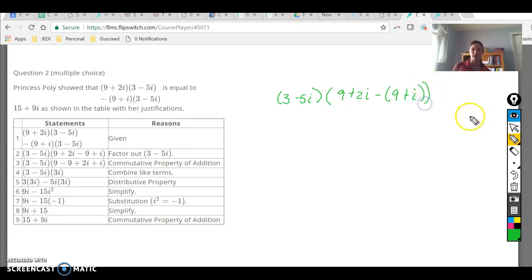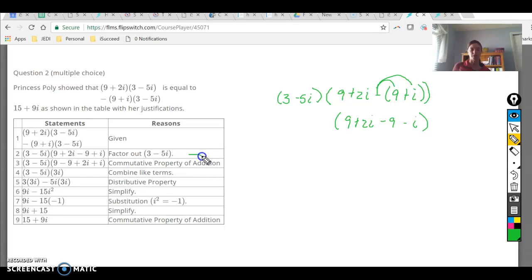I have to be pretty careful here because this negative is going to have to be distributed to both of these. So this becomes 9 plus 2i minus 9 minus i. And she has minus 9 plus i.